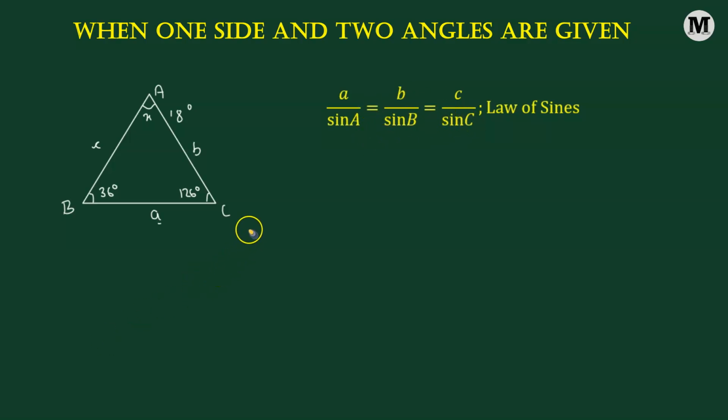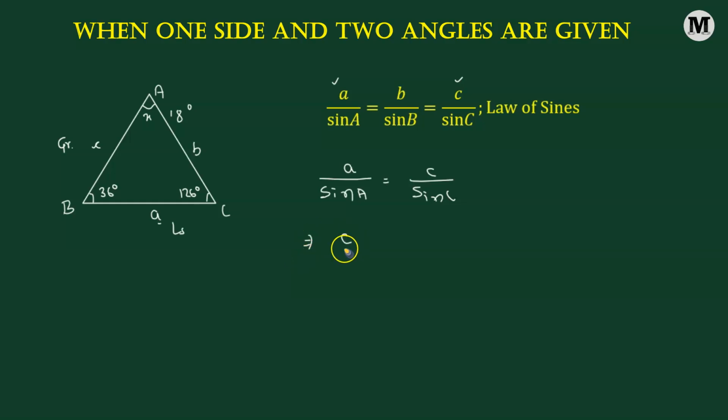What we need is the greatest side, c, and the least side, a. So we're going to consider the first and the third ratio. That means we're going to have a over sine of angle A equal to c over sine of angle C.